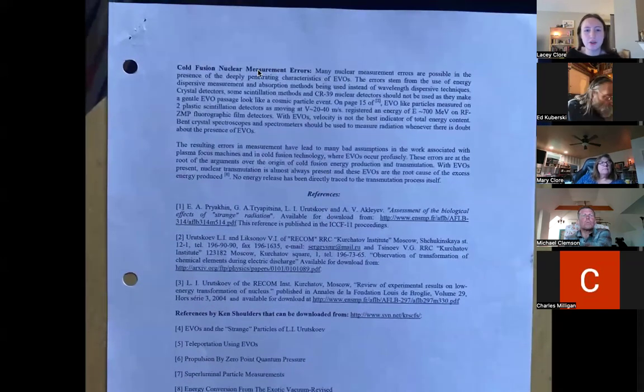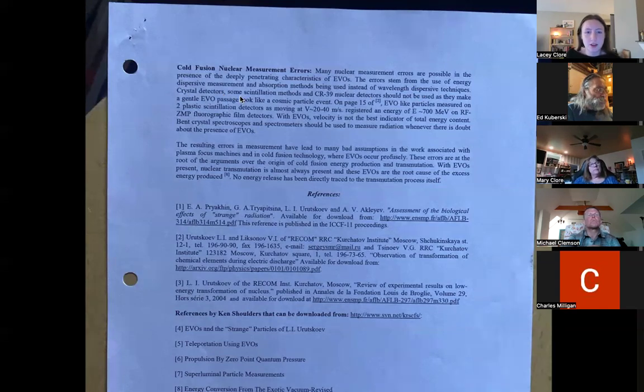Cold fusion nuclear measurement errors. Many nuclear measurement errors are possible in the presence of the deeply penetrating characteristics of EVOs. The errors stem from the use of energy dispersive measurement and absorption methods being used instead of wavelength dispersive techniques.